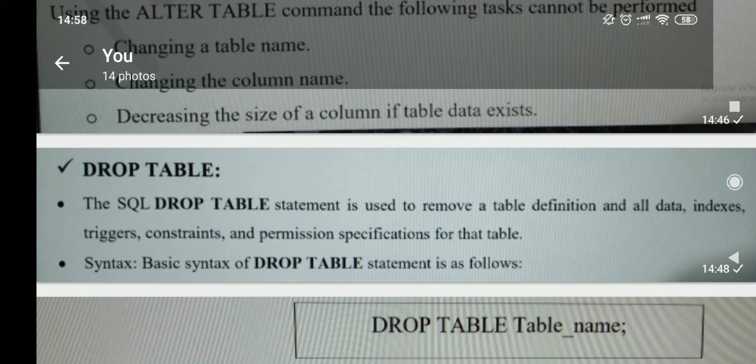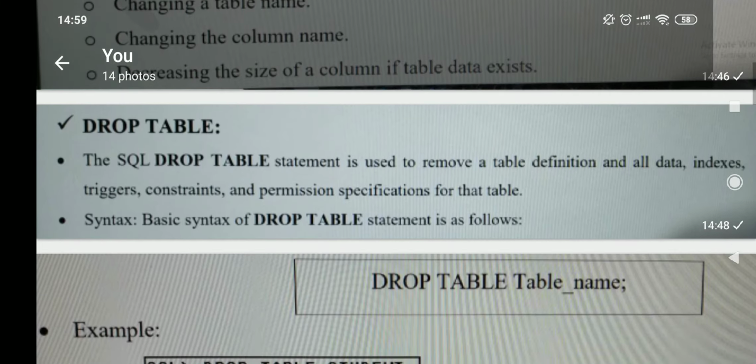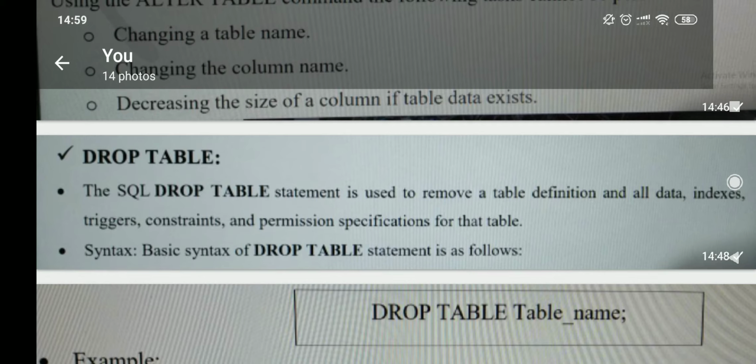Now comes the drop command. What do you mean by drop? We are going to remove the table from the database. The entire table will be removed from the database. For that, first you can see the syntax. Drop table name. For example, in a database, 2000 tables are there. When 2000 tables are there and we want to remove one table, we should tell the table name.